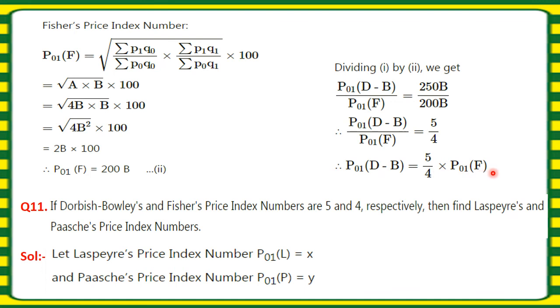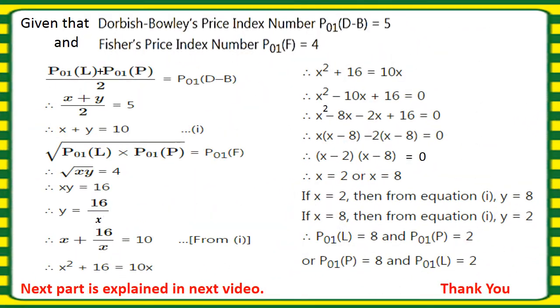Question number 11. If Dorbish-Bowley's and Fisher's price index numbers are 5 and 4 respectively, then find Laspeyres' and Paasche's price index numbers. Let Laspeyres' price index number be taken as X and Paasche's price index number be taken as Y. Given that Dorbish-Bowley's price index number is 5 and Fisher's price index number is 4.